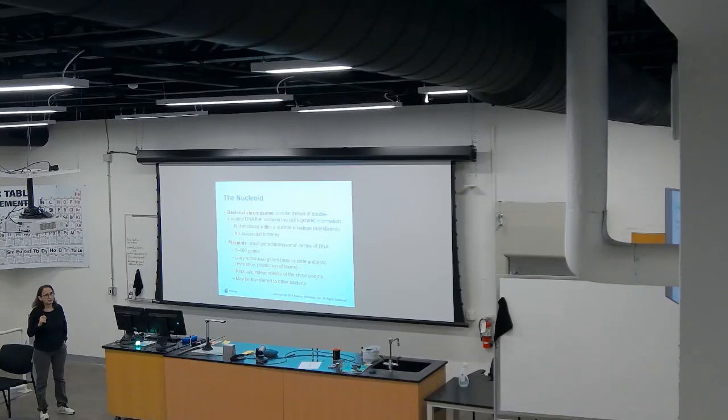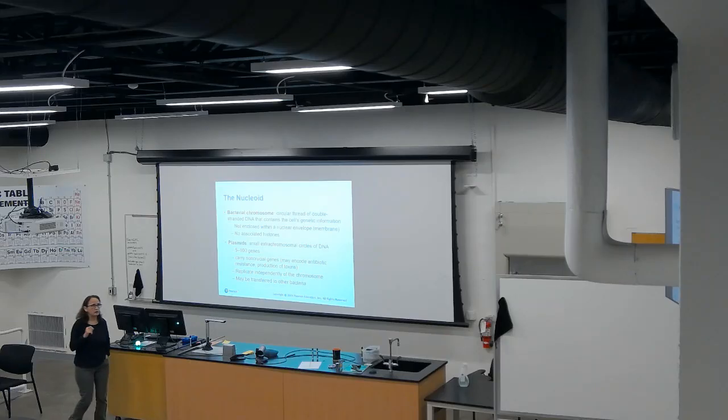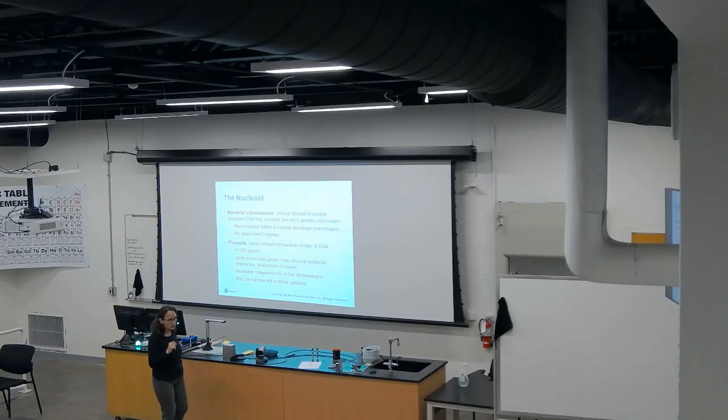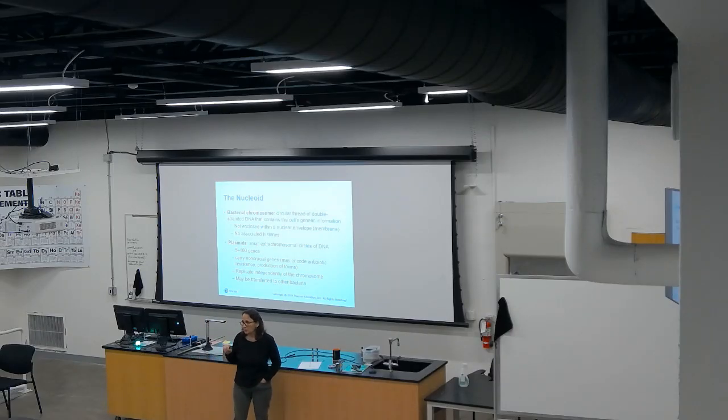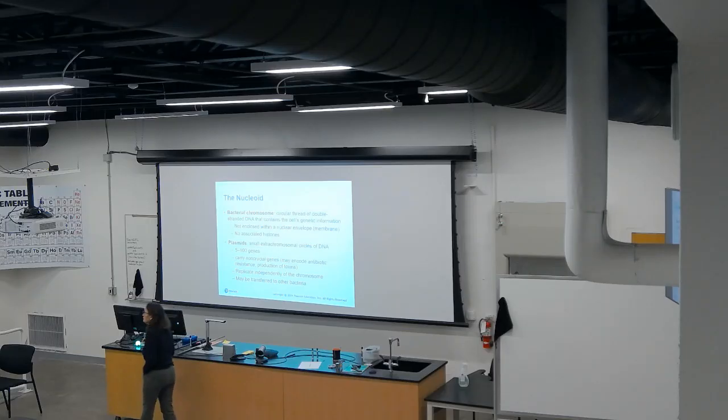Not all microorganisms, but some, will have an extra piece of extrachromosomal DNA that contains not so many genes, between 5 to 100, but these genes are super important for their survival.